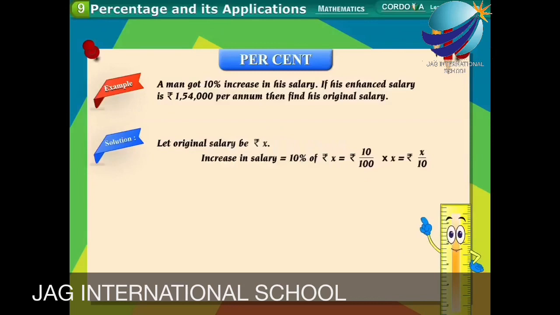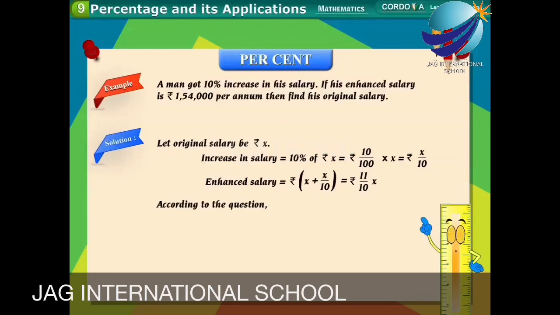Increase in salary is equal to 10% of rupees x, which is equal to rupees 10 divided by 100 multiplied by x, which is equal to rupees x divided by 10. Enhanced salary is equal to rupees (x plus x divided by 10), which is equal to rupees 11 divided by 10 x.